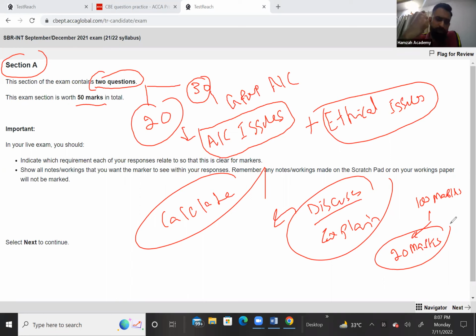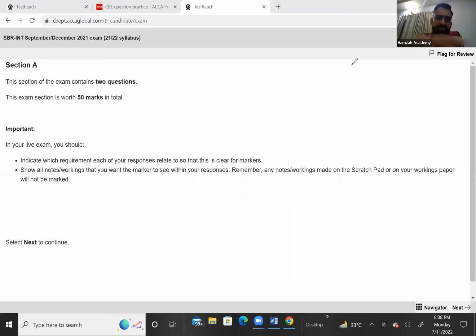If you have a good grip of knowledge on accounting standards, then no one is going to stop you from passing SBR. So please keep in your mind that the knowledge of accounting standards is very important as per our syllabus, because in SBR, the knowledge is going to get you past the exam, not the numerics. So the first part will consist of 2 questions, as I told you, and the total 50 marks will be available from here.